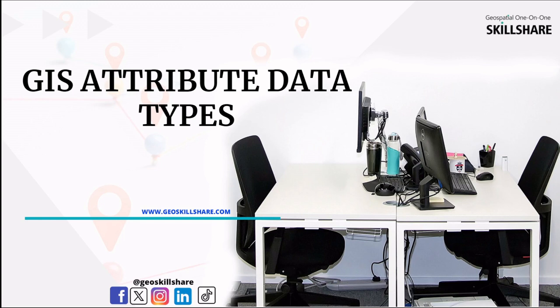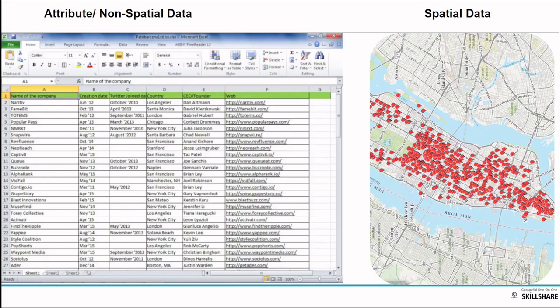When we say the attribute data types, we are using the criteria based on the storage, how data is stored within the attribute table. This is a slide that we've seen before, and in this slide we try to differentiate between the types of GIS data we have, the attribute or non-spatial data, and then the spatial data.